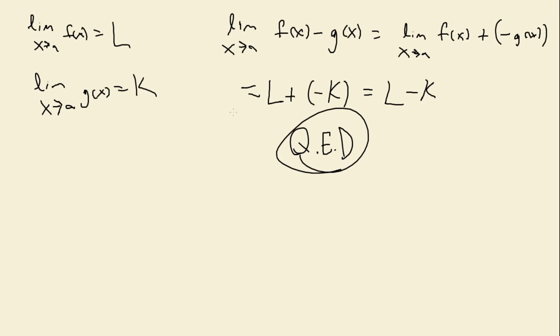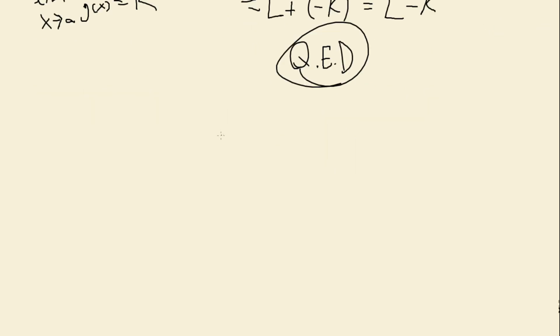So now we're going to talk about multiplication. Once again, it's going to get a little bit more complicated, but nothing we can't handle. Basically, we're going to start with the same presuppositions, that the limit as x approaches a of f of x is equal to L, this is assumed, and the limit as x approaches a of g of x is equal to k, this is also assumed.